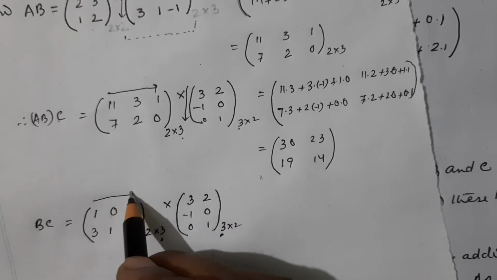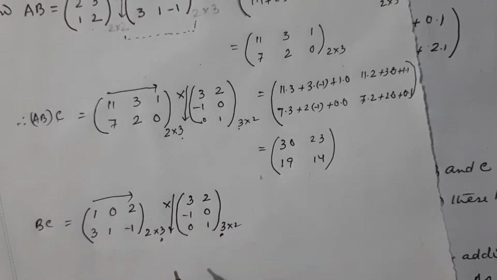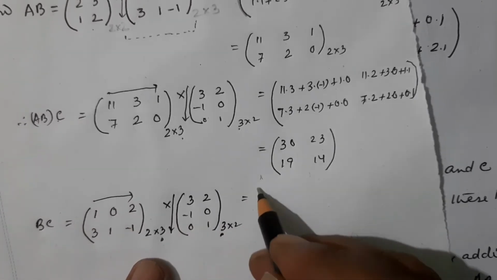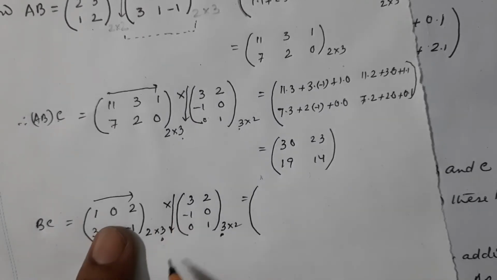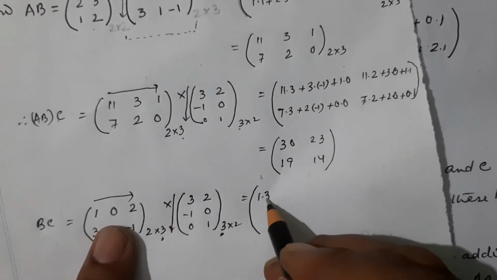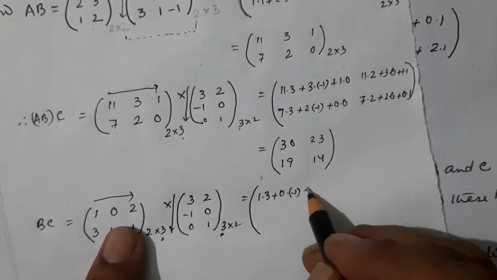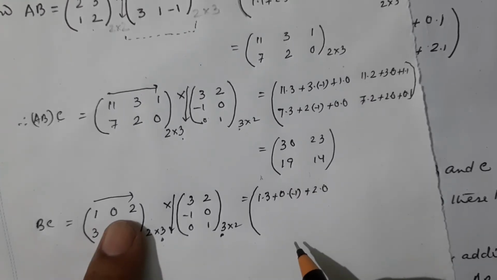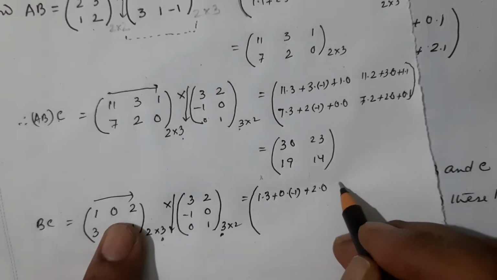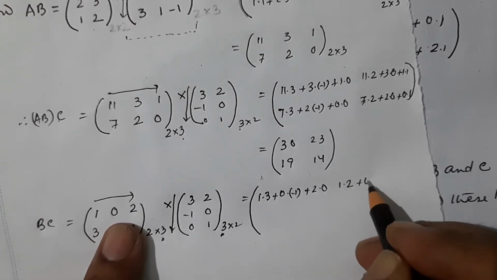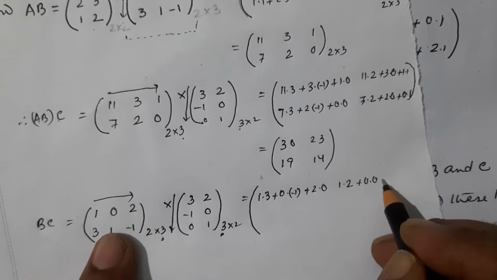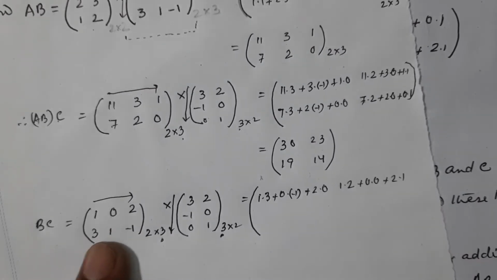So we multiply row by column. First row first column: 1 into 3 plus 0 into minus 1 plus 2 into 0. First row second column: 1 into 2 plus 0 into 0 plus 2 into 1.